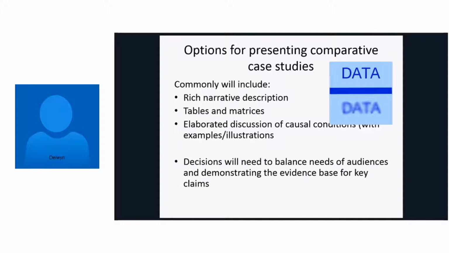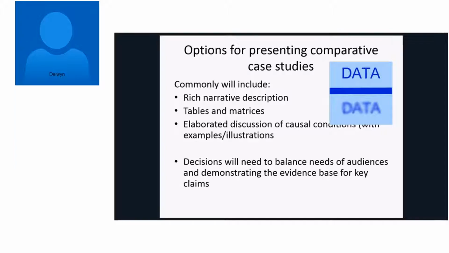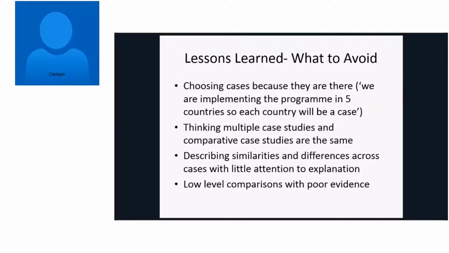And of course, then we could also use illustrations or diagrammatic representations of relationships between and among the dimensions that we're looking at. But at the end of the day, we're going to have to make some decisions about the needs of the audience versus the very rich evidence base that we get from comparative case studies.